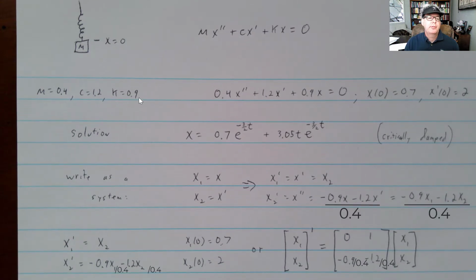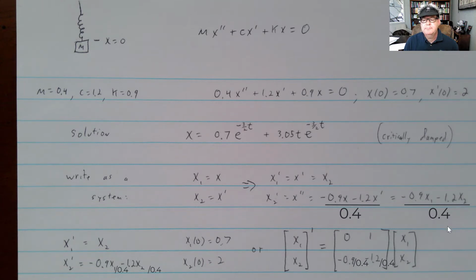So again, with the spring, with these values, leaving off units, now I just put in an initial displacement of 0.7, initial velocity of 2. This one came out to be critically damped, and the solution was this.